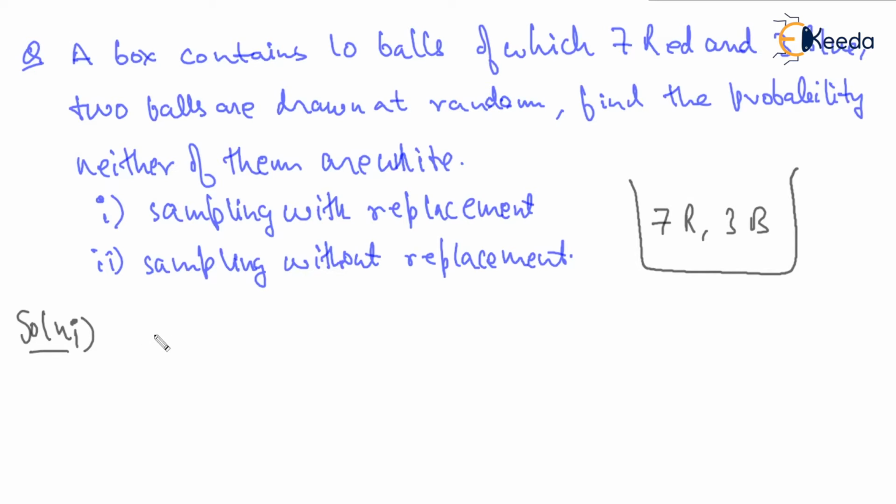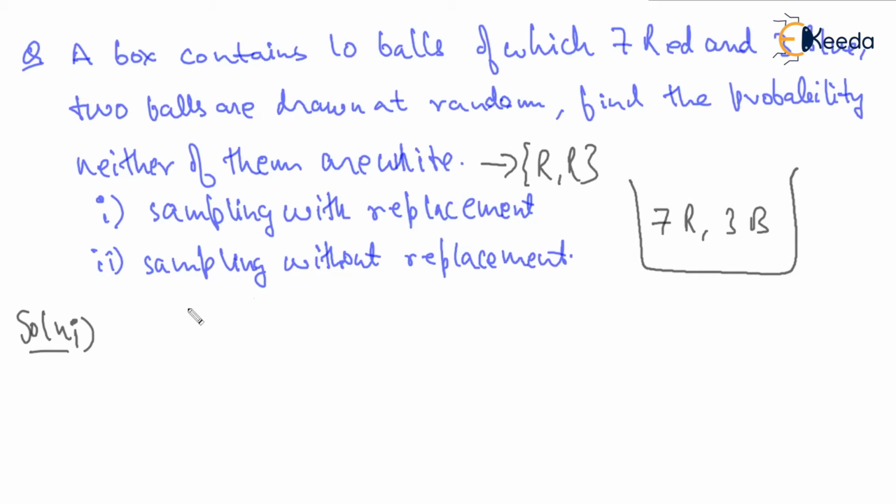Then with replacement, what is the probability that neither of them are white? Neither of them are white means both of them have to be red. If not white, then it is going to be red because we have only 2 colors of ball.